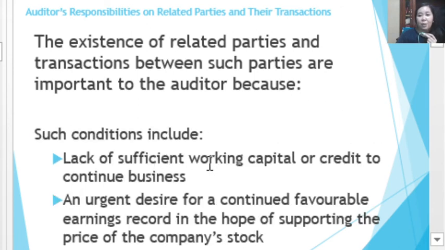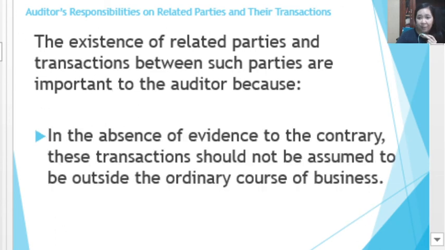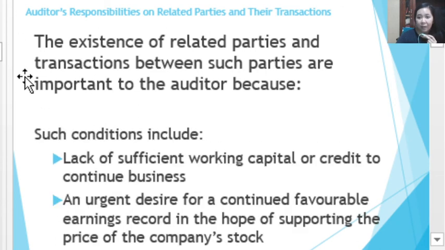Such conditions will include lack of sufficient working capital or credit to continue business. That's why the entity entered into a related party transaction, to save them from this financial problem.